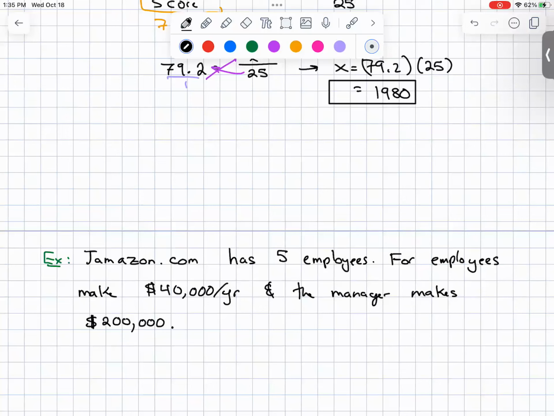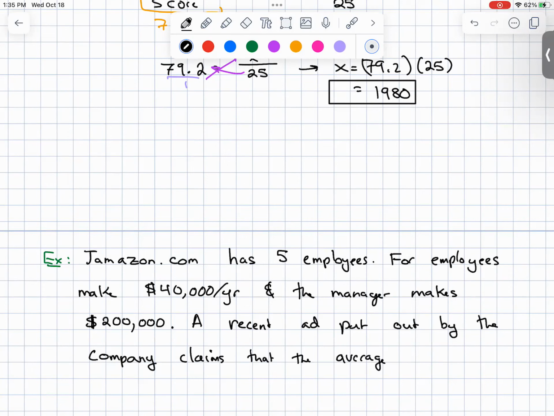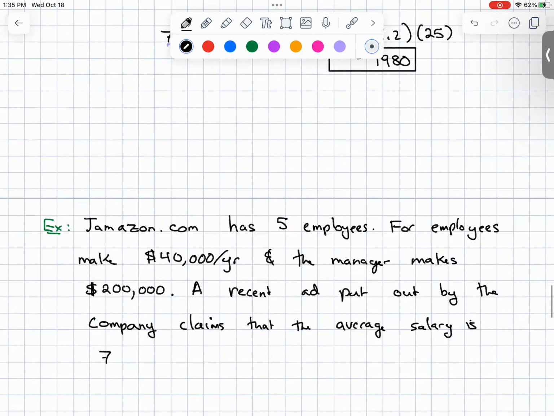So a recent ad put out by the company, so you know it's not biased at all, claims that the average salary is $72,000.